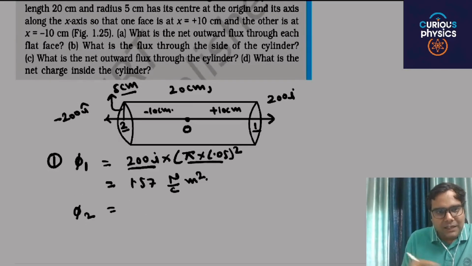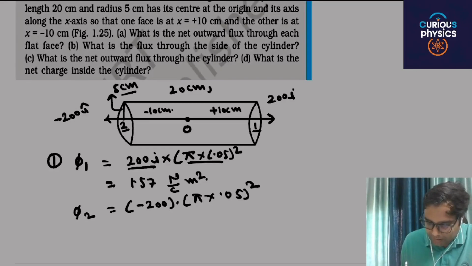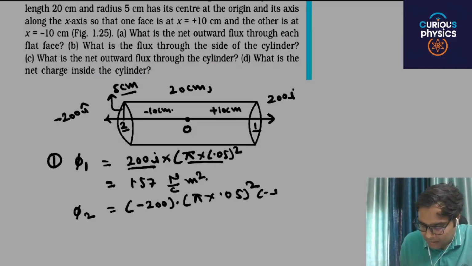For face 2, the area vector is in the outward direction, and the electric field is in the negative direction. So the value will be minus 200 into the area, pi into 0.05 whole square, where i is negative.